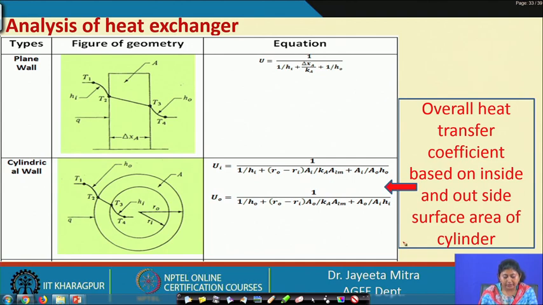For example, in the hot fluid side, for this case, you have H_I, let us say 1000 watt per meter square Kelvin, and in the cold fluid side, H_O, you have a small value, let us say 4.5 watt per meter square Kelvin.